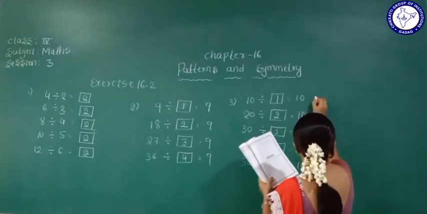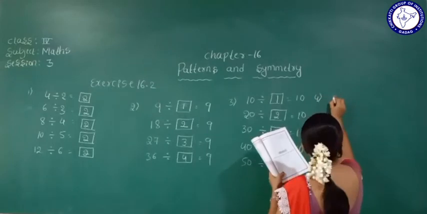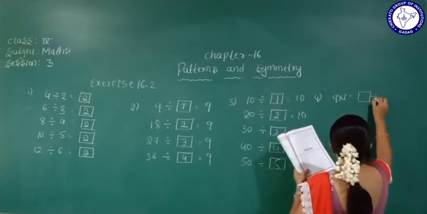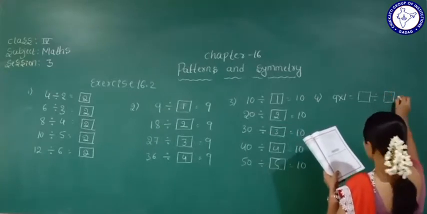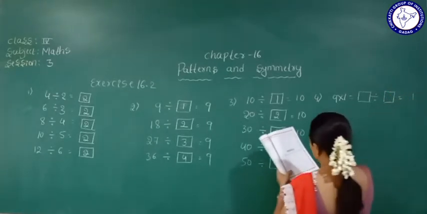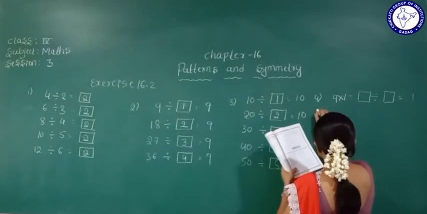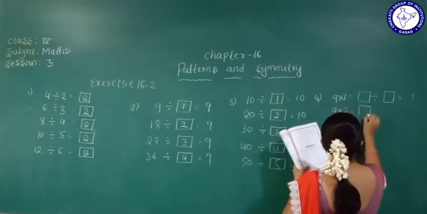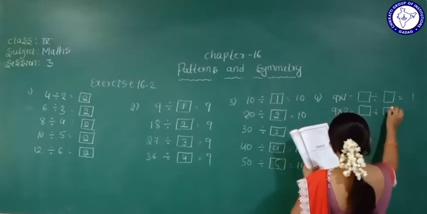Next one given here, the fourth one: 9 into 1 is equal to blank divided by blank is equal to 1. 9 into 2 is equal to how much? It divides how much?